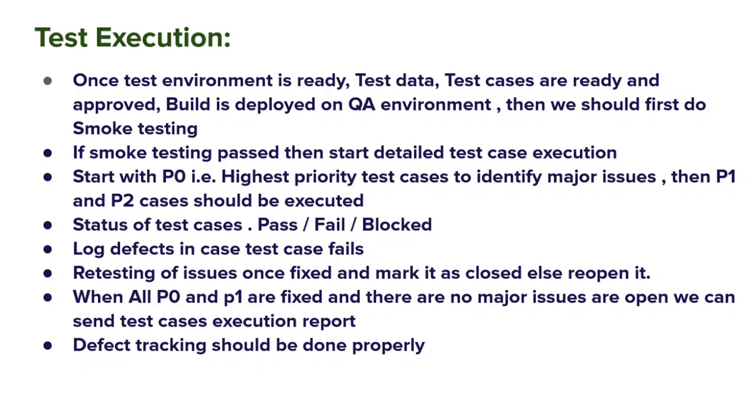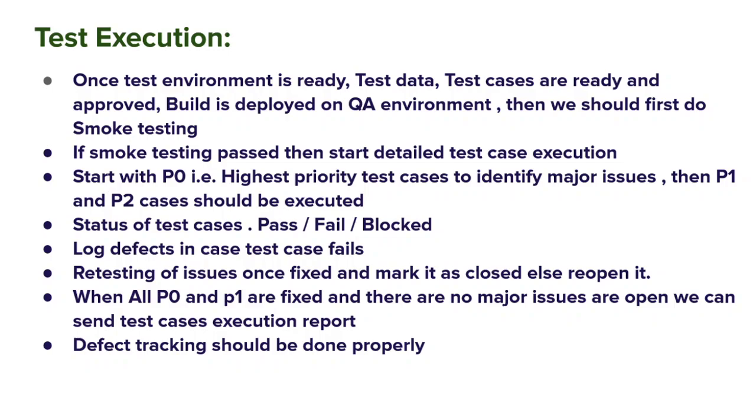So whenever you start the test execution, always start with P0 test cases first. P0 means highest priority. If P0 test cases are working fine, then we should start with P1 test cases. Once P1 test cases are working fine, then we should execute the P2 test cases.